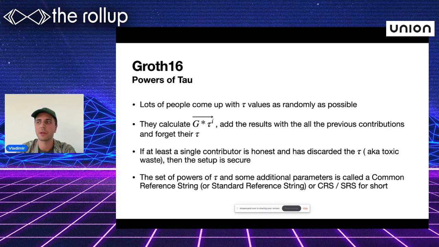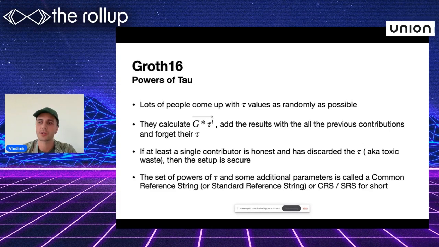Then they calculate this vector of encrypted powers of tau, and add these results to the previous contribution. So if at least a single contributor is honest and discards all the values after the procedure is complete, then this setup is believed to be secure.